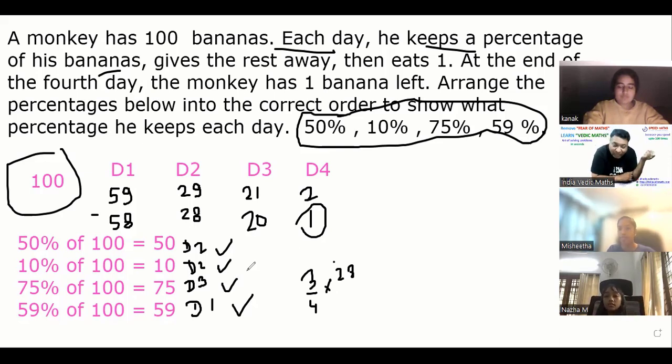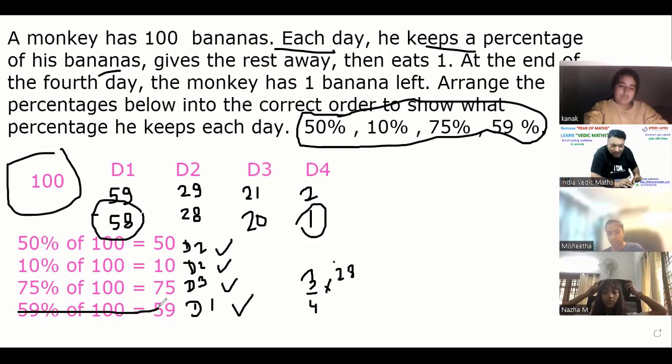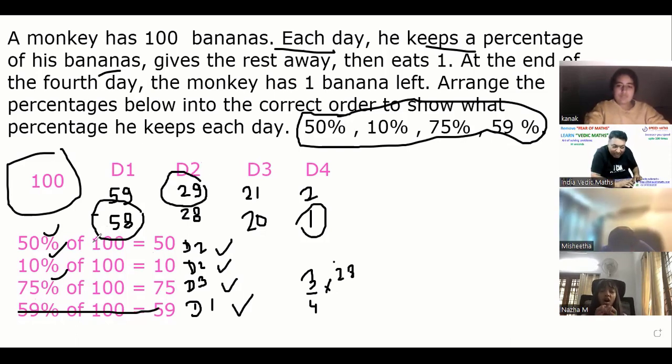When we started first with 59, he kept 59 bananas, he ate 1. So 58 remaining after the first day, right? Again I explain: after the first day, this is the bananas remaining, and we are done with this. Now for the second day, which percentage, whether 50% or 10% or 75%, will give you a good round figure? Only 50% will give a round figure, because 50% means half. Half of 58 is 29. So a round number, and day 2 is also done.